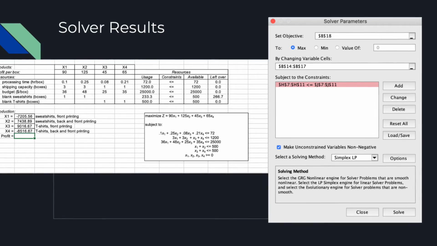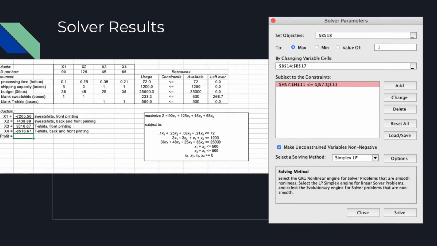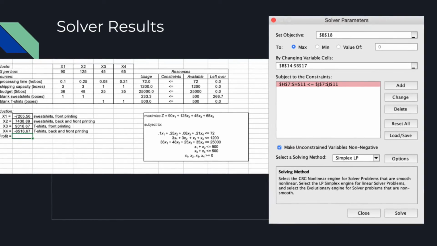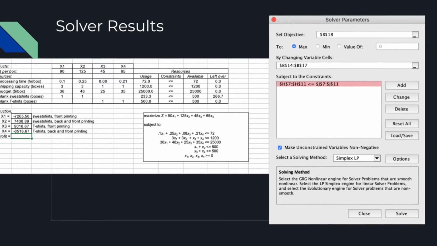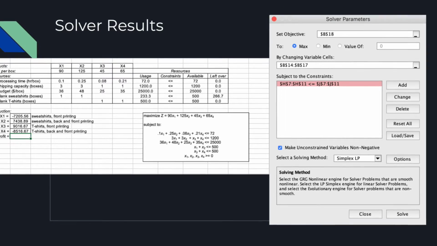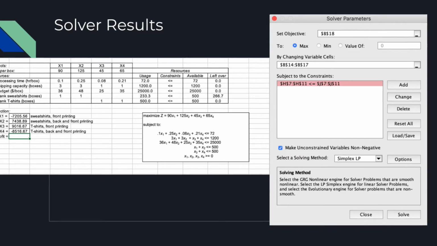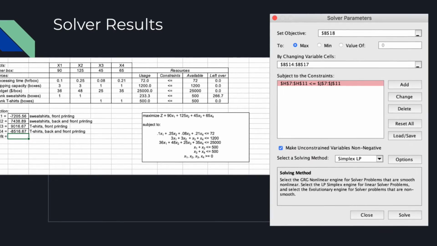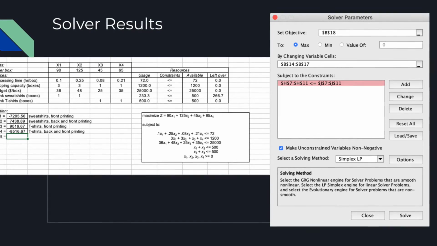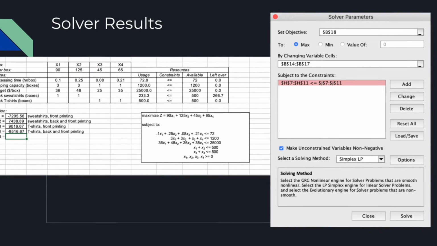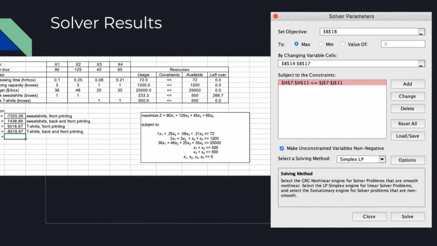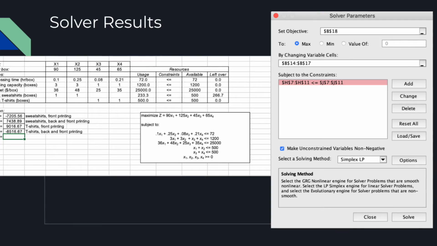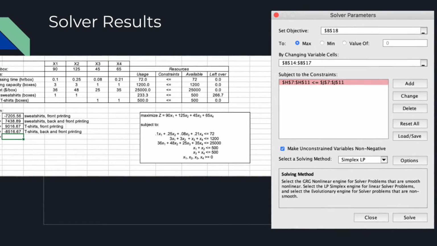In profit, that is equal to all of those maximized quantities multiplied by their respective profit per box numbers and then added all together. So all in all, it will equal $45,522.